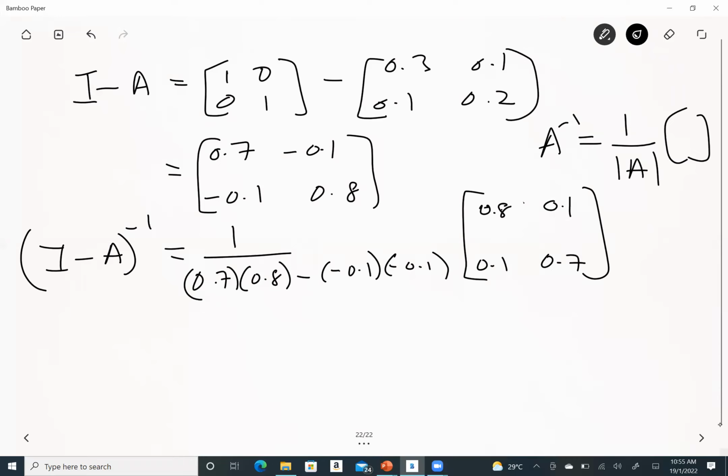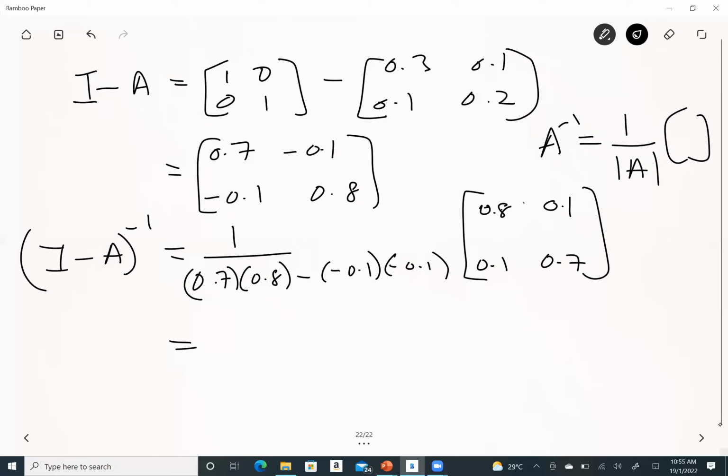Now you multiply that thing. What do you get? You multiply 0.7 by 0.8. What do you get? 0.56. Then 0.1 multiplied by 0.1, you got 0.01.